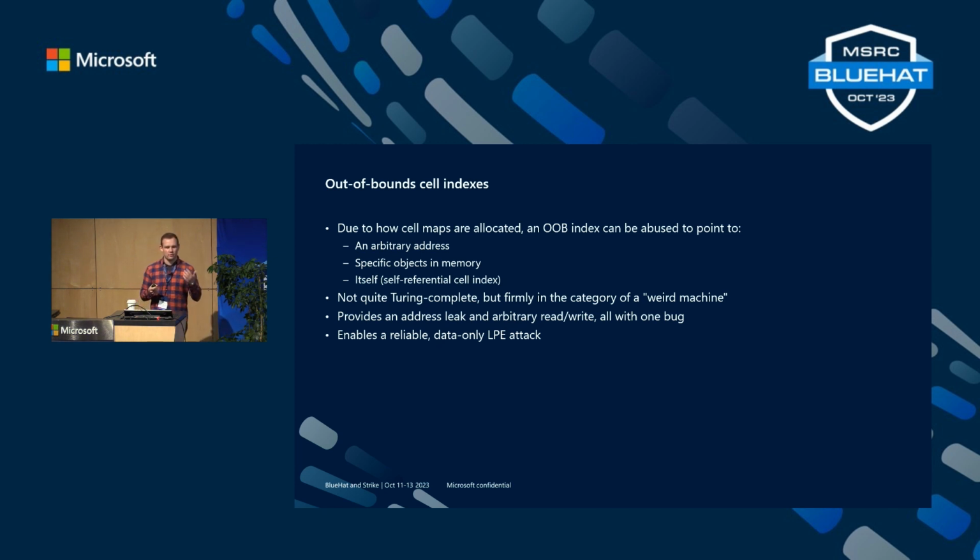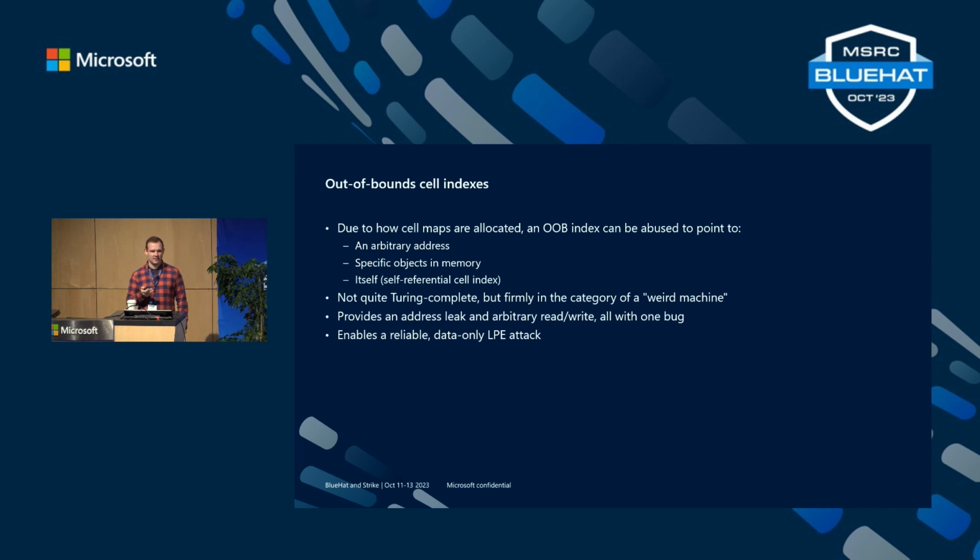So we can get an out-of-bounds cell index to point to an arbitrary address, or we can get it to point to a specific object in memory that exists, or we can even get it to point to itself, which is kind of like a self-referential cell index. So I wouldn't say it's necessarily Turing complete, but I think it's firmly in the category of a weird machine.